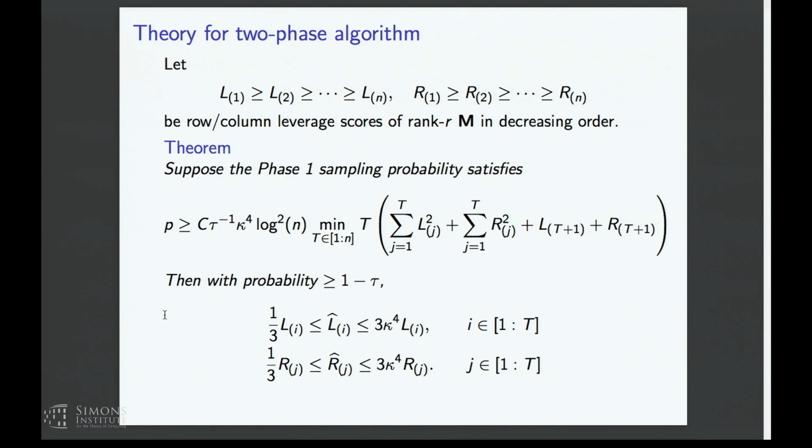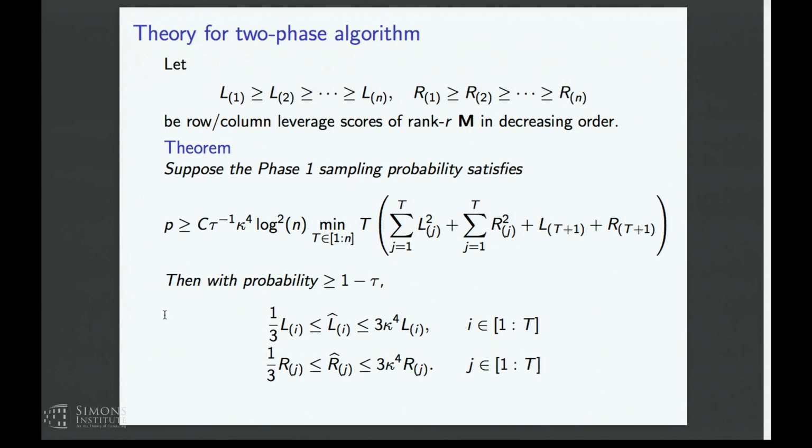But if t is a little bit larger than 1, you can see that we get a gain because the leverage scores are numbers that are less than 1. So the square of a number that's less than 1 is smaller than the number.